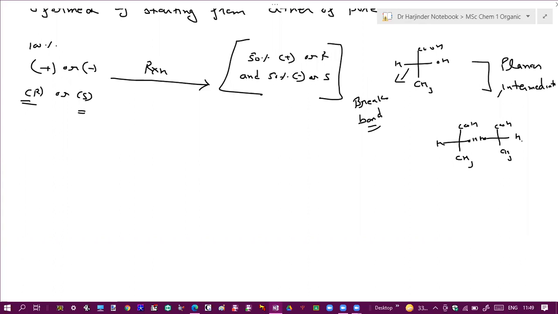It can take place via formation of a carbocation as the intermediate, called cationic racemization, or via formation of a free radical intermediate, called free radical racemization. Okay, in the next lecture, we will discuss thermal racemization, anionic racemization, cationic racemization, and free radical racemization.